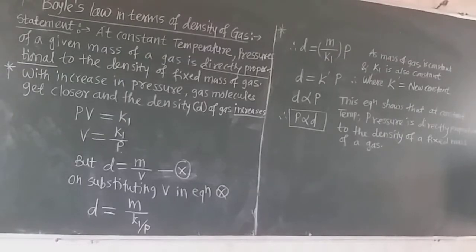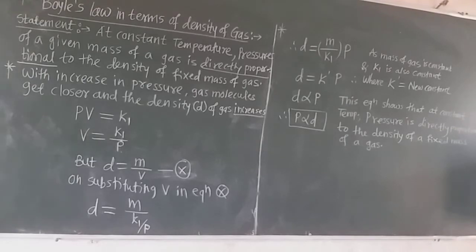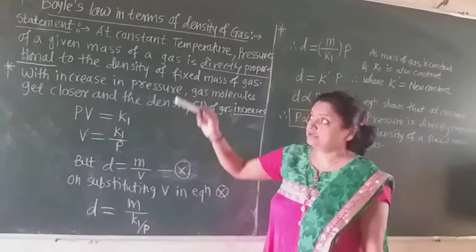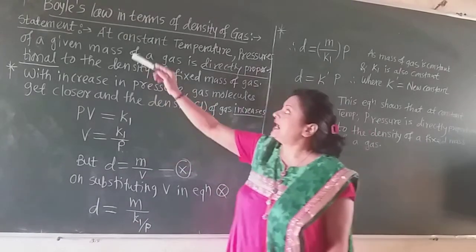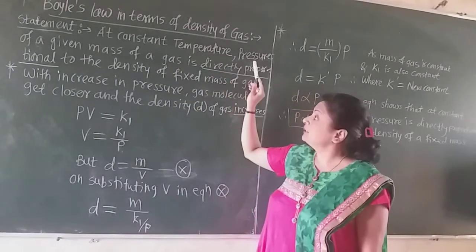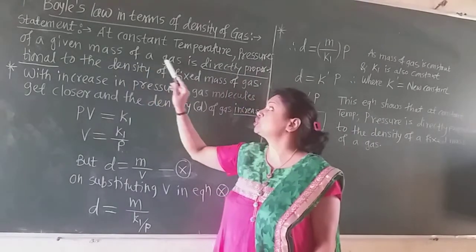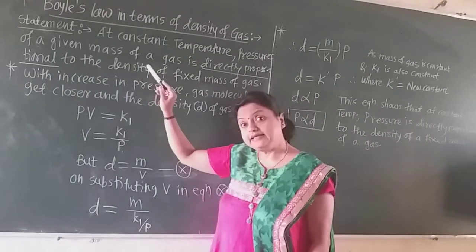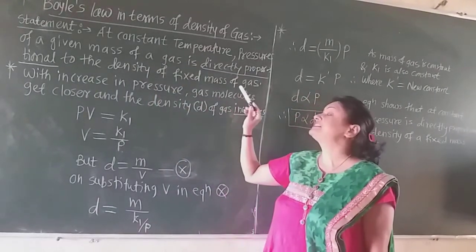Now let us learn the other Boyle's law. This is Boyle's law in terms of density of a gas. What is the statement of this law? At constant temperature, the pressure of the given mass of a gas is directly proportional to the density of that fixed mass of gas.